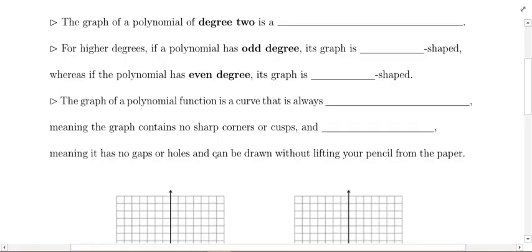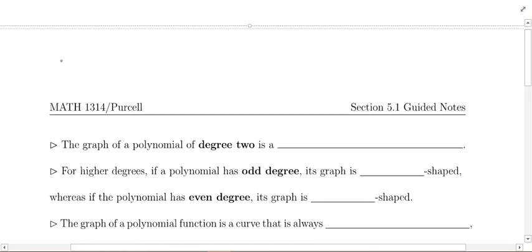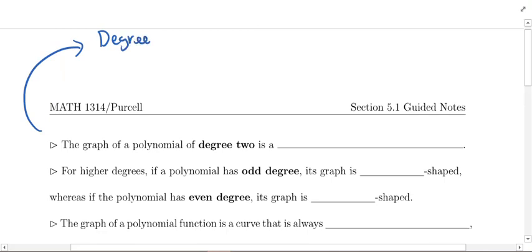What does degree 2 look like? Again, make something up. For degree 2, just write down a polynomial function where the highest power in the whole thing is 2. So x squared plus x plus 1. I'm not going to sketch it out, but we know that anything with degree 2, highest power of x is 2, it's quadratic.